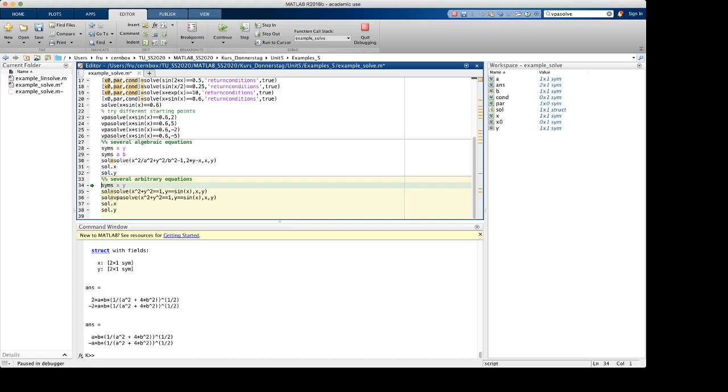Of course, this is not restricted to algebraic equations. We can, for instance, try to find the point of intersection of this circle, the unit circle, and the sine function.